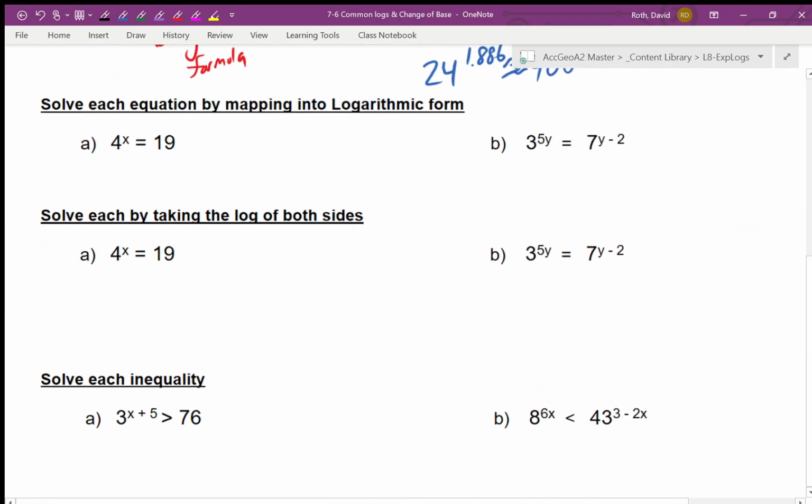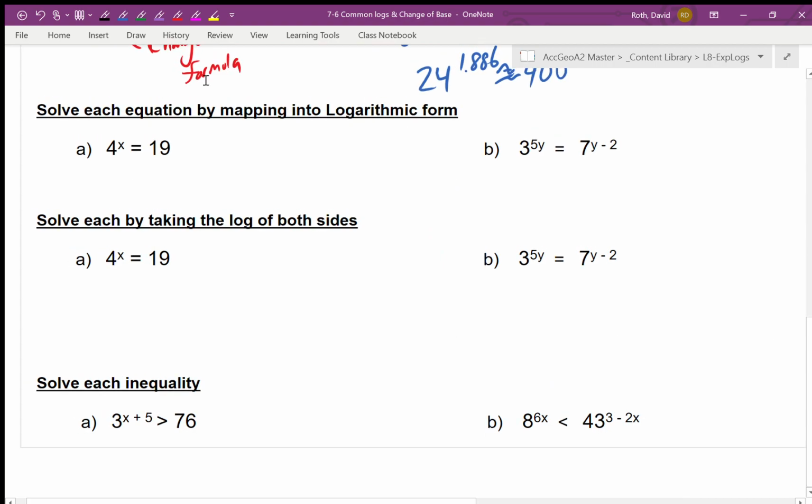Okay, now we remember how to solve the simple equations by mapping, and that is still a great and excellent skill. Just to refresh your memory on that, I think I might want more room in here. Let me hit back to draw.